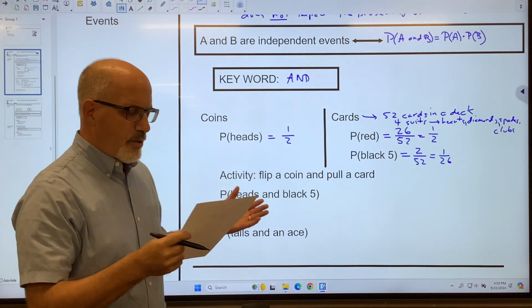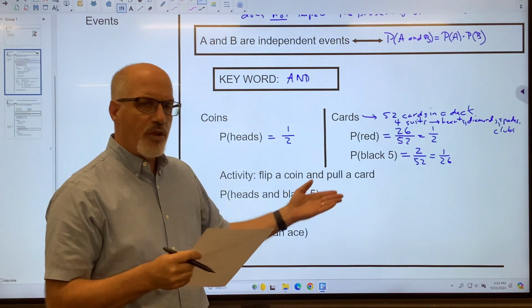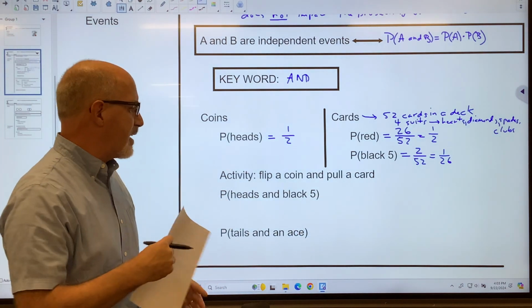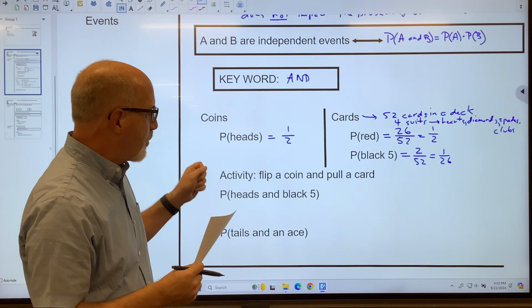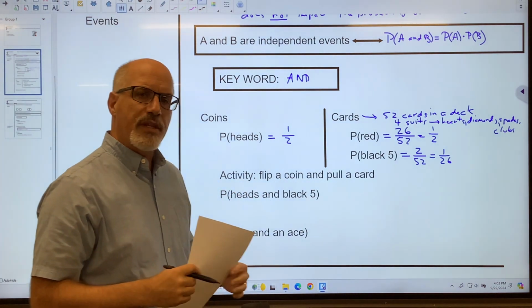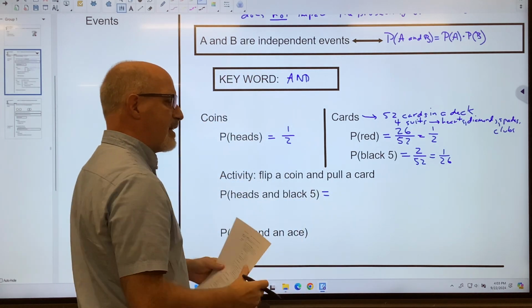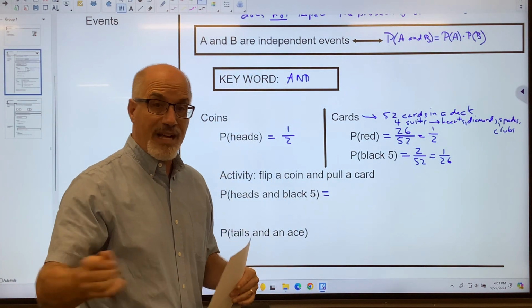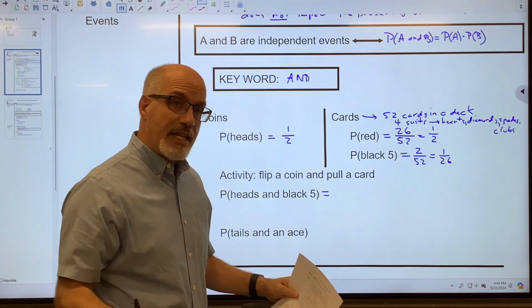So now let's do an activity. Let's flip a coin, so we have this probability, and pull a card at random out of a deck. What's the probability if you do that at random? You get a heads for flipping the coin and a black 5 for pulling the card. Well, since these are independent events, flipping a coin here does not influence pulling a card out of the deck, so they're independent events.